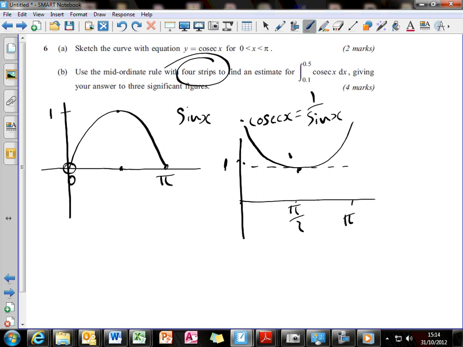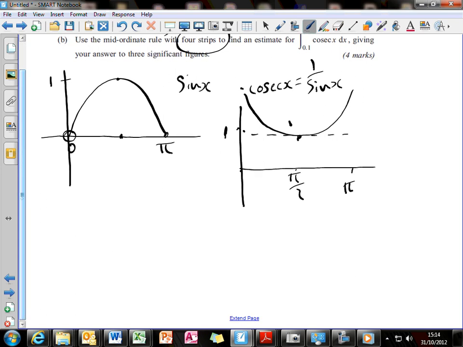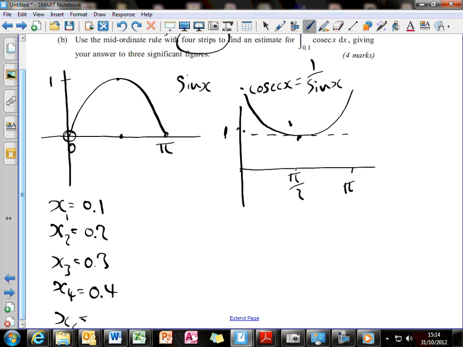Okay, so we want to pick x values. x1 is going to be 0.1, x2 is going to be 0.2, x3 is going to be 0.3, x4 is going to be 0.4, x5 is going to be 0.5. These are going to be the ordinates for the edges of the strips.